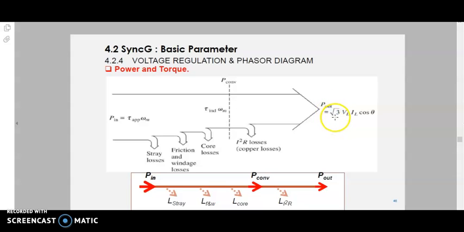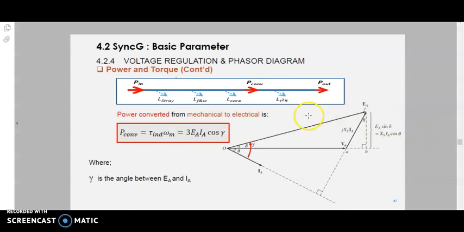So you shall have your output power in terms of root 3, because this is a 3-phase: line voltage times your line current times cos theta. So power converted from mechanical to electrical, sorry.